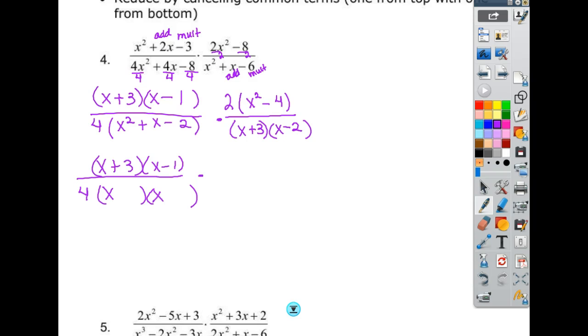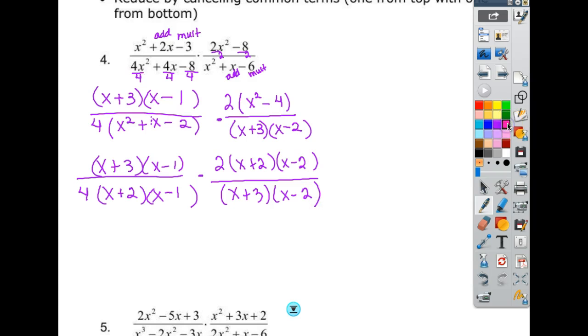That's easy. We just have to get them where they make a 1 when they add or subtract. So a positive 2 and a negative 1. Here, this is super easy to factor: x plus 2, x minus 2, the square root of both terms. And x plus 3, x minus 2 on the bottom.